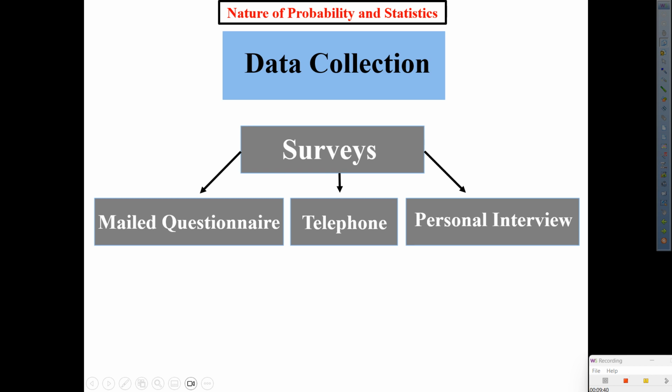They stop people at the mall or in front of a store, and they're like, do you have a little bit of time? I just have some questions for you. And they want you to take like a 30-question questionnaire. So those are the 3 most common ones: by mail, by telephone, and personal interview.